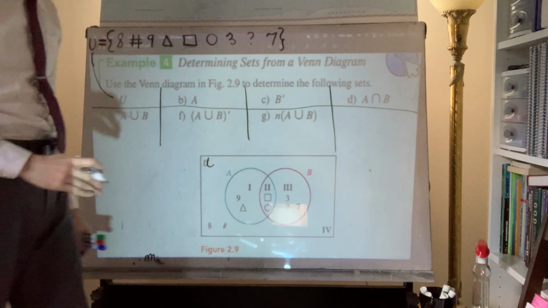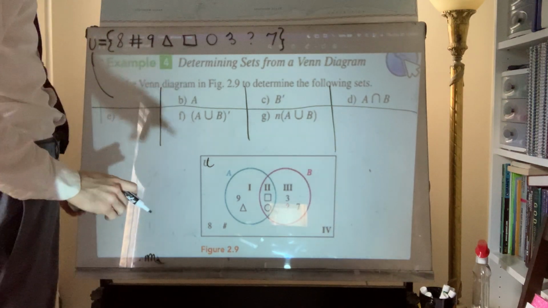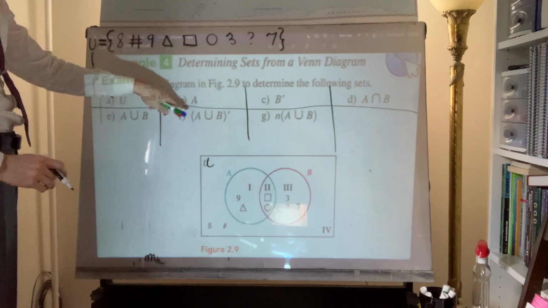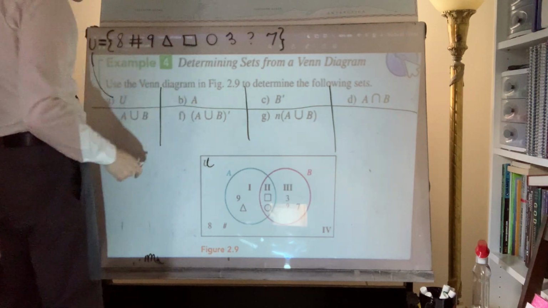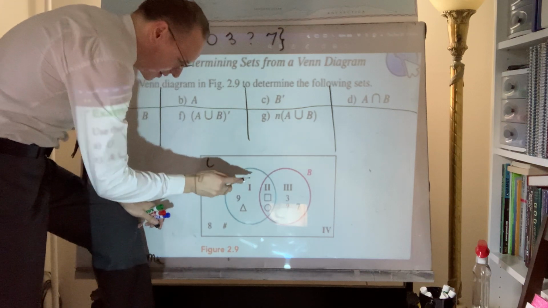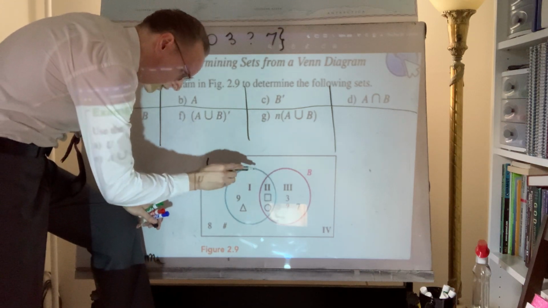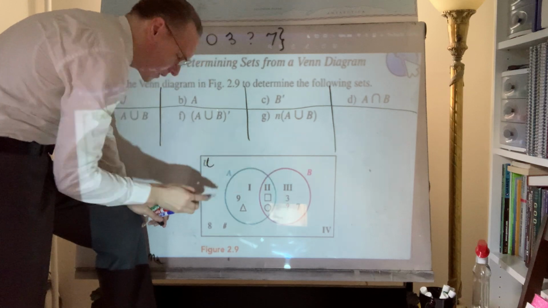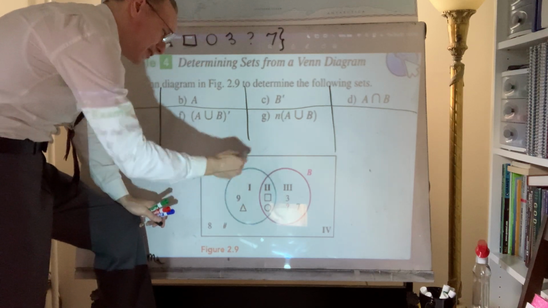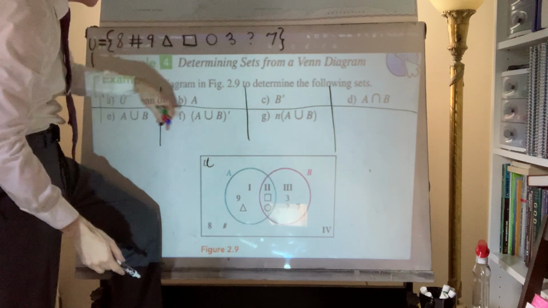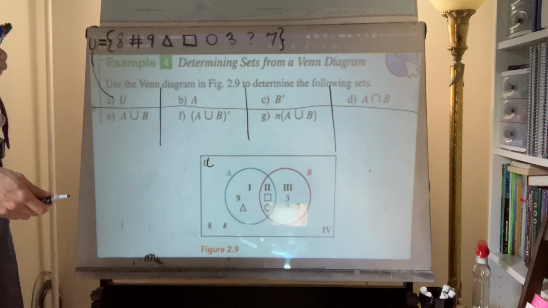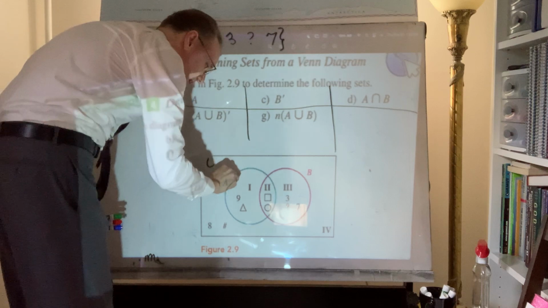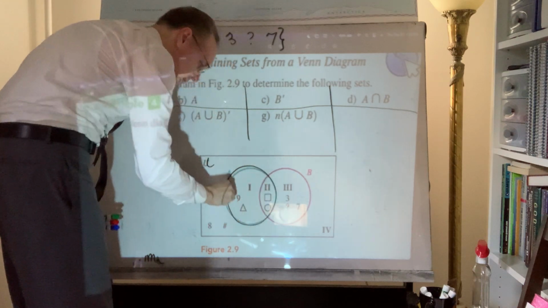Now, in this instance, part B, we're asking specifically about set A. Again, the only point of the Roman numerals 1, 2, and 3 is to indicate the region that is referring to A. When you're talking about A, you are talking about everything within the circle here.